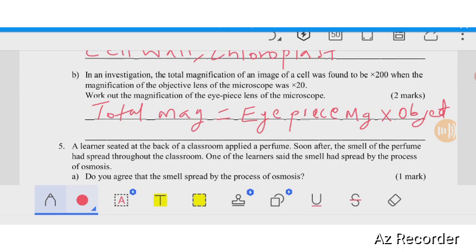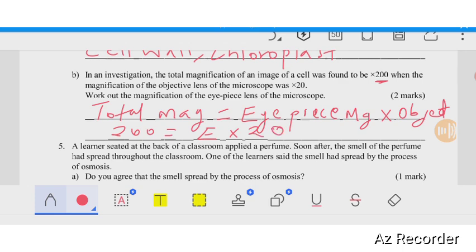So what we're basically doing is we substitute everything into the formula. We start with the total magnification, which is times 200. So we take 200 is equal to eyepiece lens magnification, which we don't have. Let's use letter E to represent it, times objective lens magnification, which is 20.